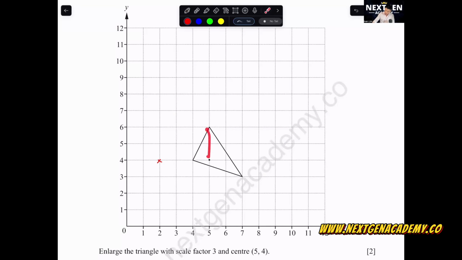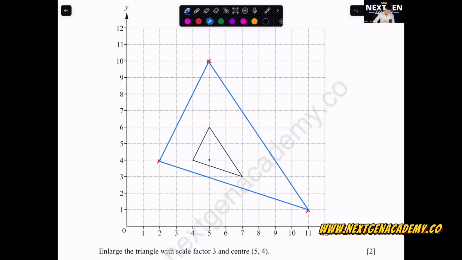From here to here, let's say 2 units, you times 3 will be 6. 2, 4, 6 over here. Then from here to here, this one is a diagonal of 2 units, 2 units, 2 units. So over here. Then you just join all 3 points with each other. Easy, this entire paper.